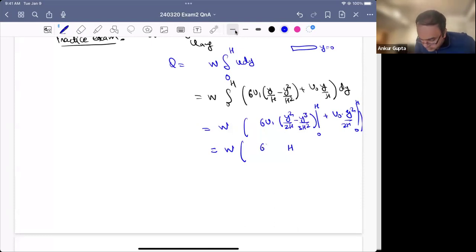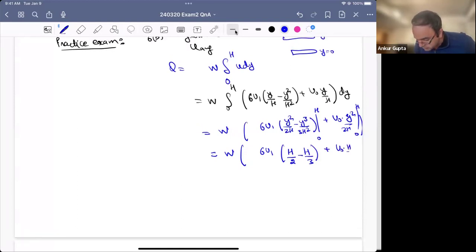So we get 6u1 into (h by 2 minus h by 3), substituting the limits. Then I take the limits again, so I'll get u naught into h by 2. As you can see, h by 2 minus h by 3 is h by 6. So I simply get u1 times h plus u naught into h by 2, times width.